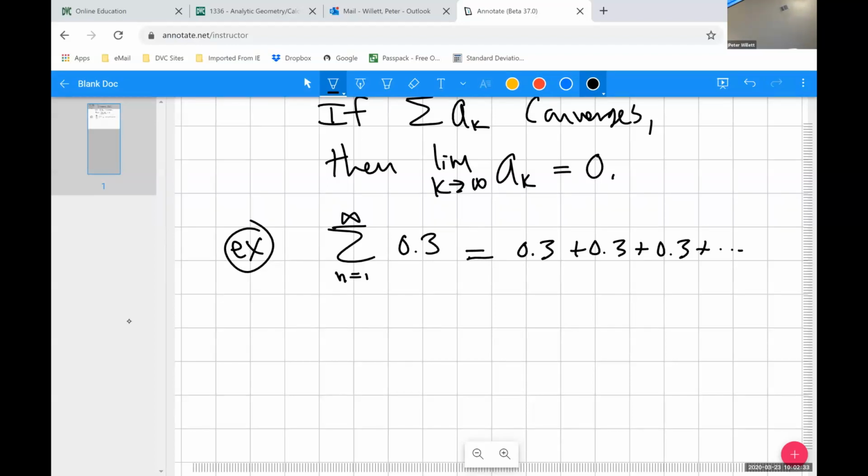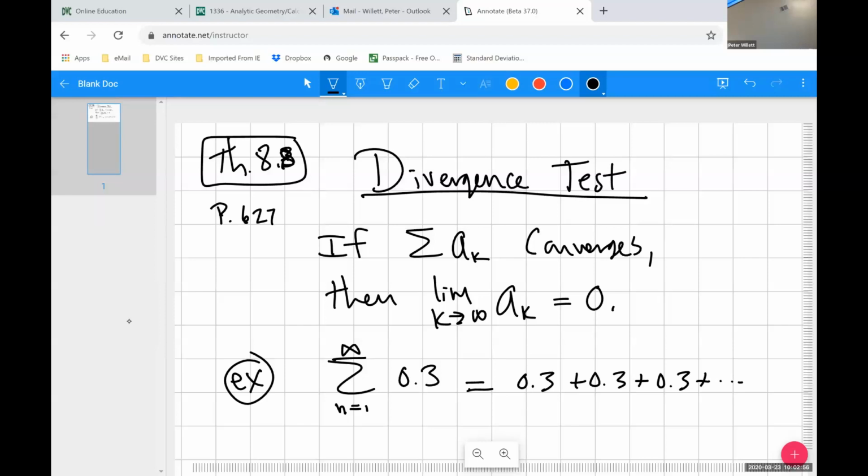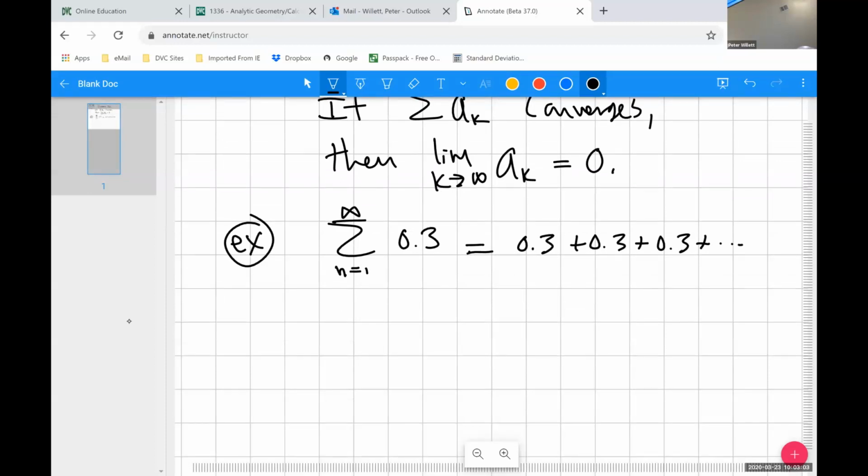But what you can observe from this is that the limit of the term itself is just 0.3 because it's a constant. It never changes. So as n heads off to infinity, you have the same term every time that's being added. Therefore, the limit is not going to 0. And so since we know from Theorem 8.8 that if the series converges, then the terms go to 0, that also implies that if the terms do not go to 0, the series cannot converge.